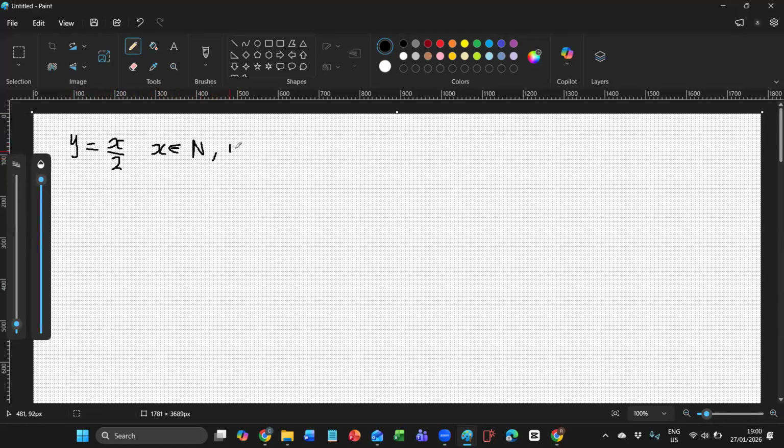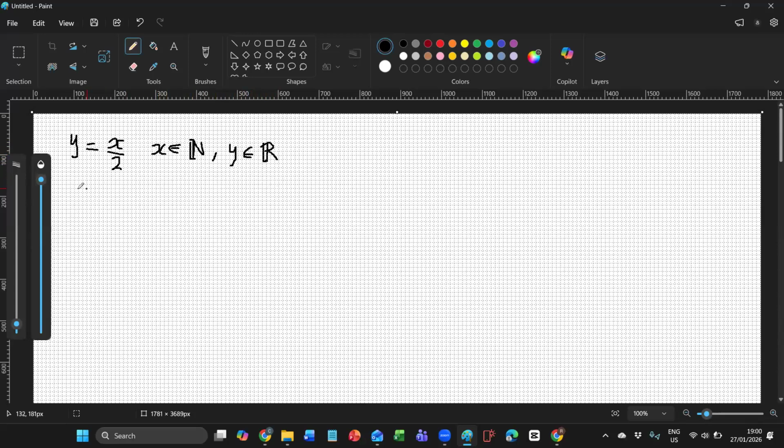And of course, we've established that for this thing to be realistic, y will be elements of real numbers. Okay. And then take note that it's not all the real numbers that are even covered.